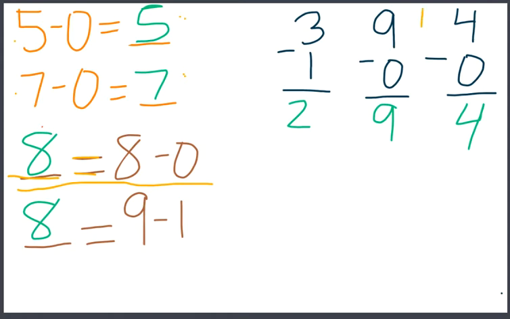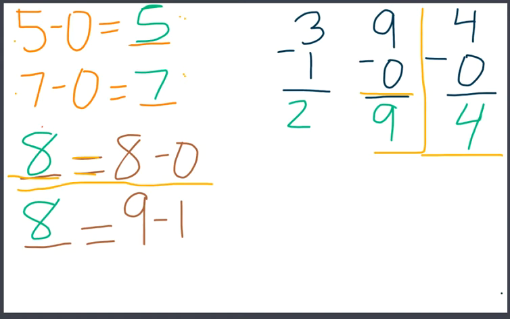These two problems right over here were also written different than 5 minus 0 and 7 minus 0. They are written what we call vertical, that is up and down. And this line right here acts as kind of like the equal symbol.